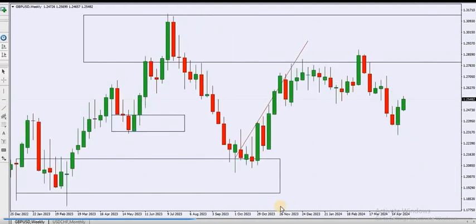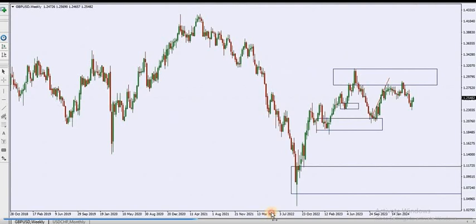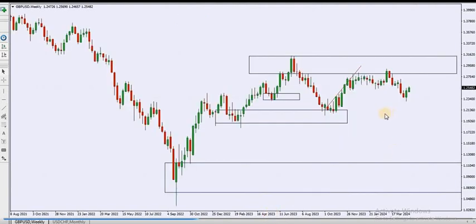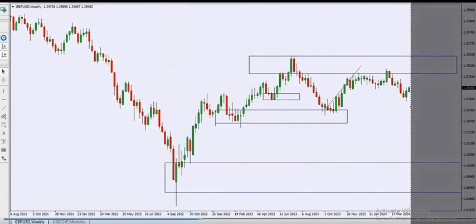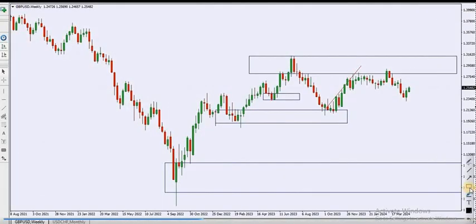On weekly time frame, we can see a market that has been breaking structure to the downside. It has been breaking structure to the downside like this. You see a market that broke this structure to the downside. And when it broke the structure, it was unable to make it to the next demand zone.